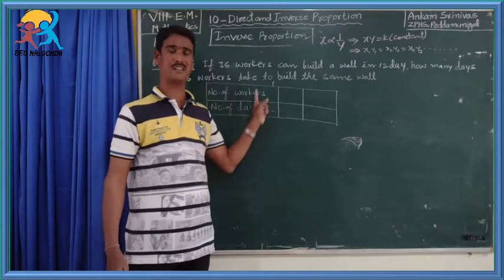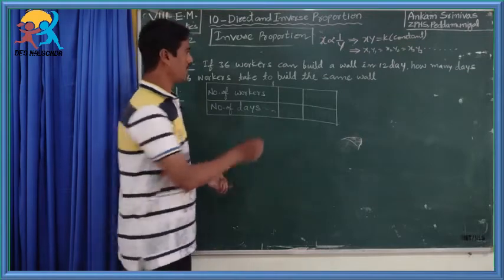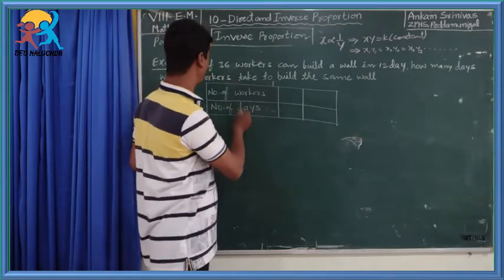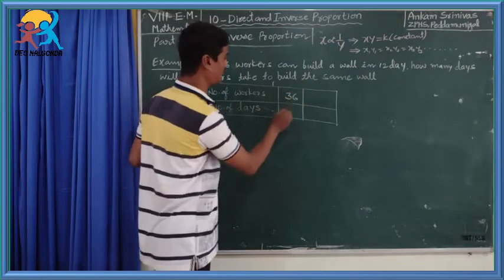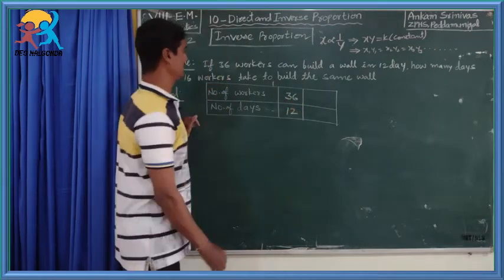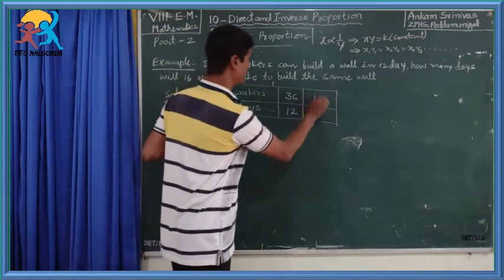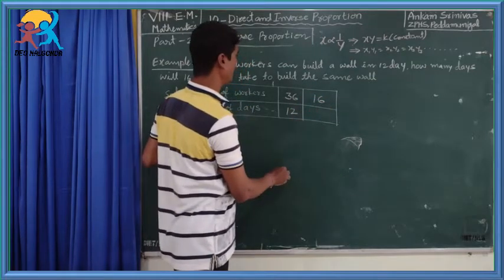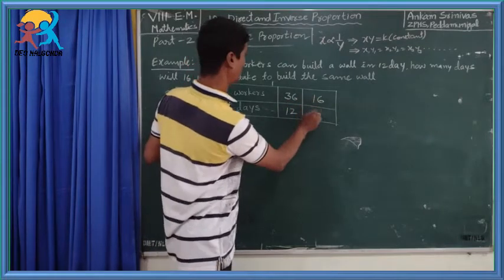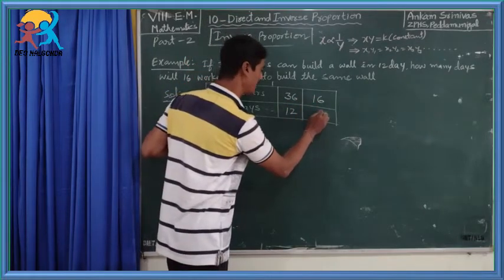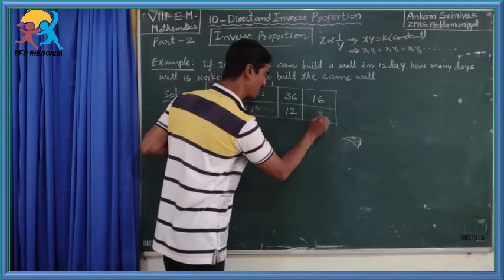Check whether they are inversely proportional or not. As per the given information, the number of workers is 36. 36 workers can complete the work in 12 days. And given 16 workers, we have to find how many days they take to complete the particular work. We have to find this.